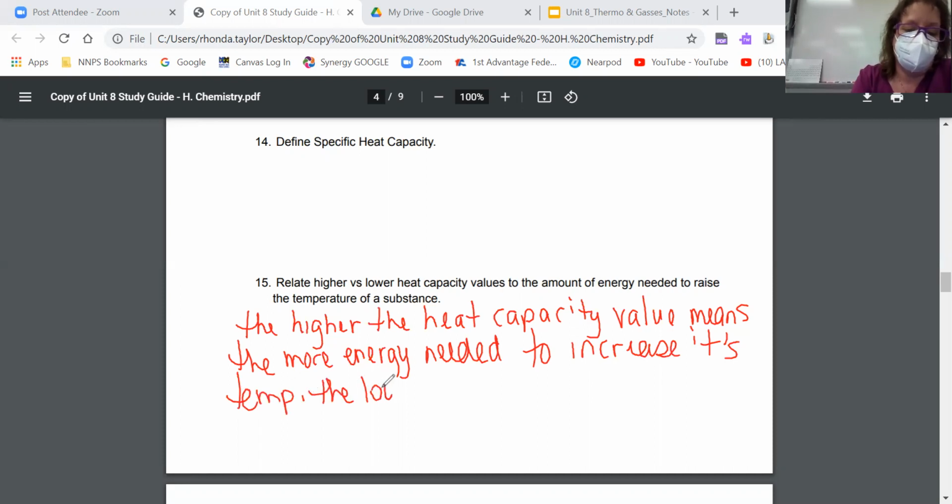The lower the value, the less energy needed.